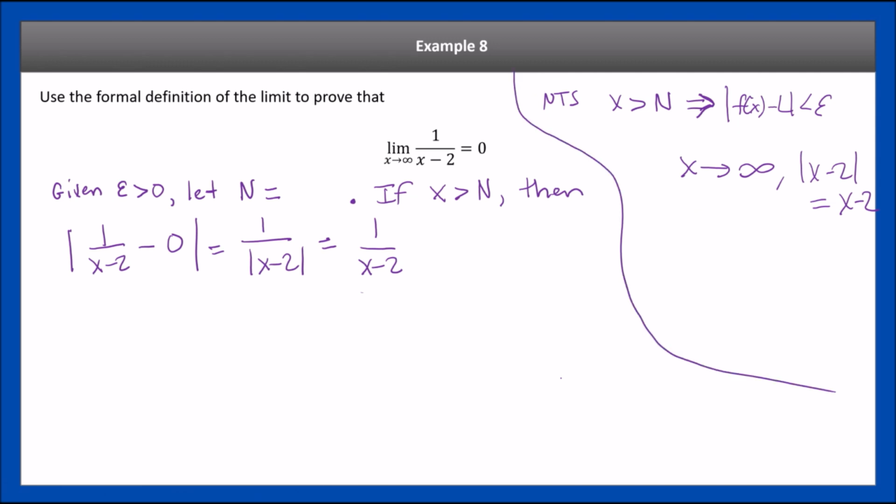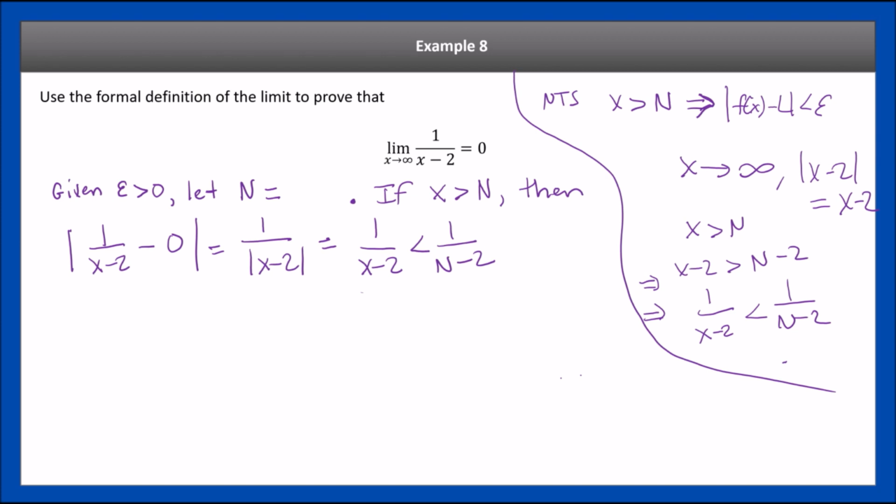If x is greater than n, then x minus 2 is greater than n minus 2. And that would imply that 1 over x minus 2 is less than 1 over n minus 2. Again, if you reciprocate, you flip the order. So that's exactly what we're going to do. We're going to say that this is less than 1 over n minus 2.